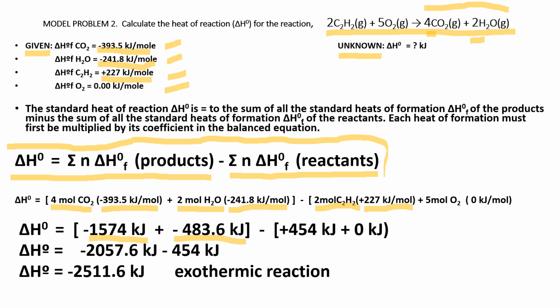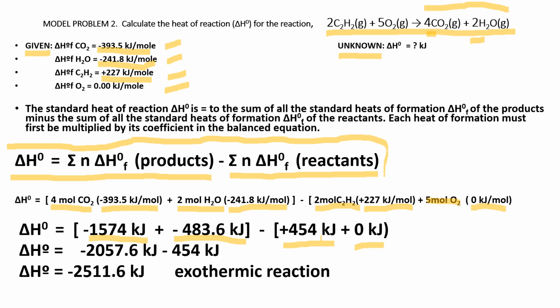When you multiply 2 times 227, that will give you positive 454 kilojoules. And another reactant is 5 moles of oxygen multiplied by 0 kilojoules per mole. And you know it is equal to 0.